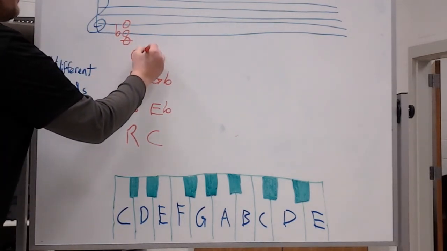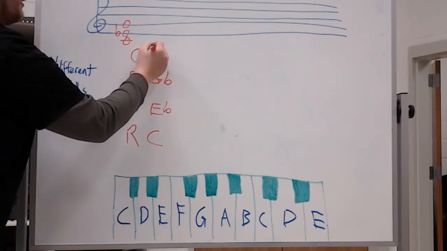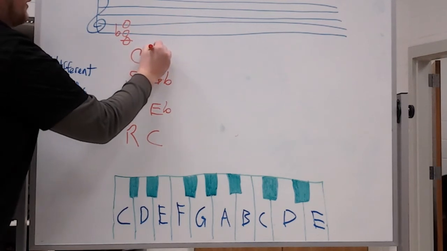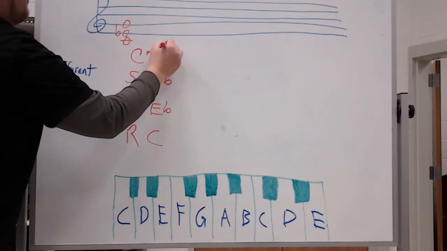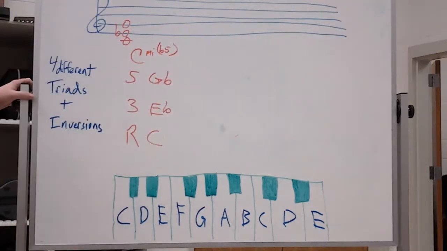We can be very descriptive and call this triad a C minor triad with a flat 5. C minor, flat 5. C, E flat, G flat. There's the difference from the C minor to the C minor flat 5. Again, here's the C minor triad. Here's the C minor flat 5.